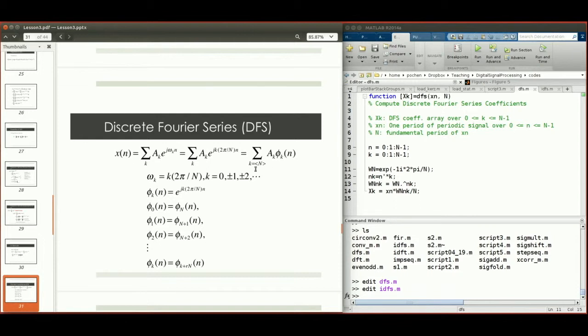Unique values. So k can start from 0 and end with big N subtract 1, or it can start with a value of 1 and end with big N, or it can start with a value of 2 and end with big N plus 1, that kind of thing. As long as you can select a continuous segment of this integer axis that has big N values in it, it can start from any value and end with that value plus big N, subtract 1, right?